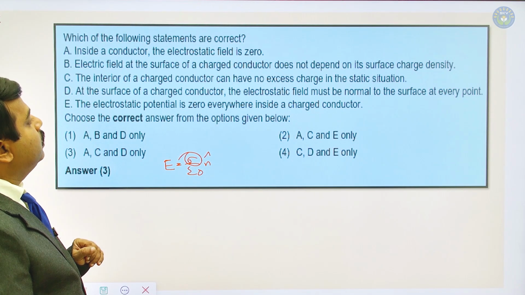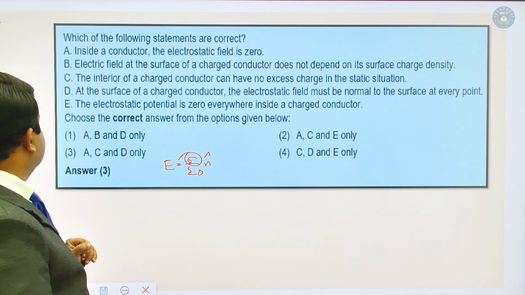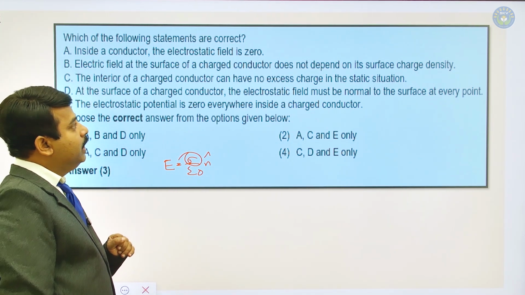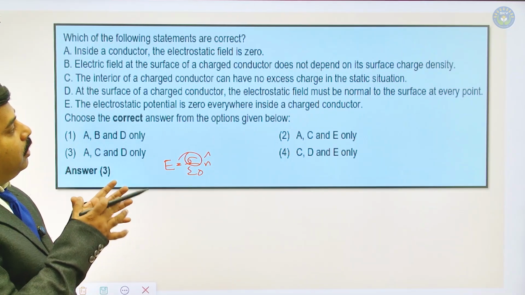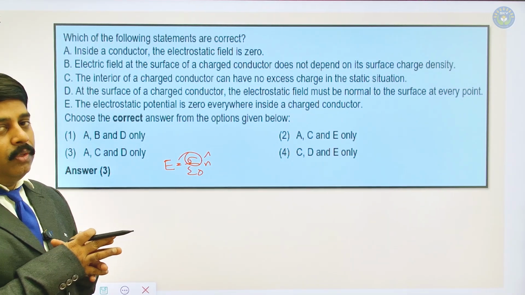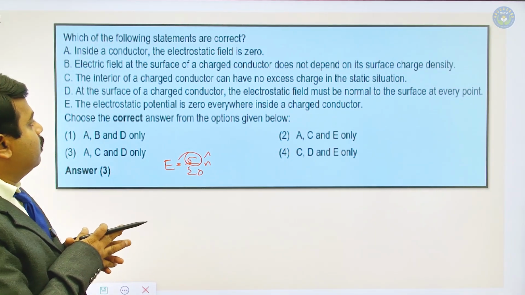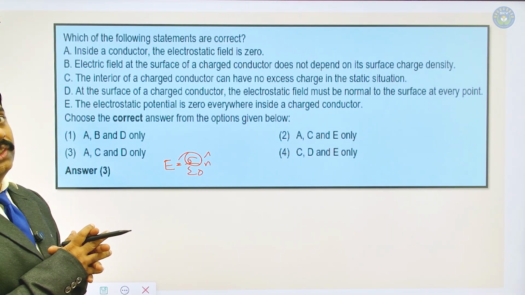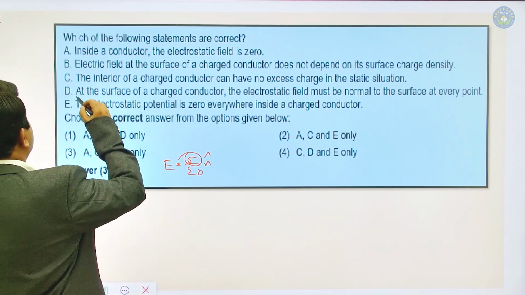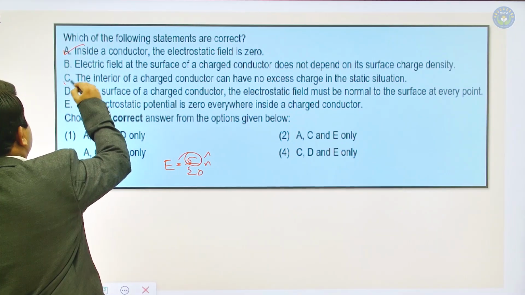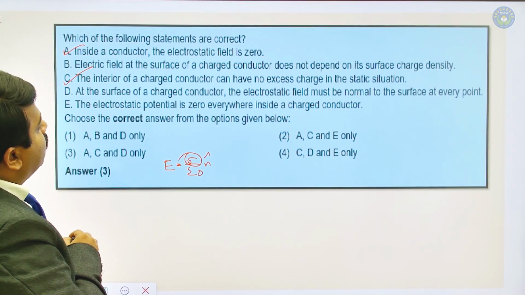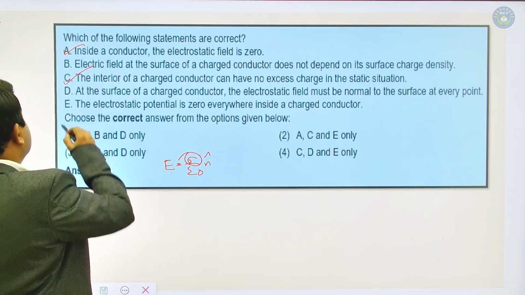Next, the interior of a charged conductor can have no excess charge in the static situation, right? That is correct only. Interior can have no excess charge. Why? Because in a charged conductor, charge always resides on the surface only, we studied, right? So A true, C true. Next option: at the surface of a charged conductor, the electric field is normal to the surface.